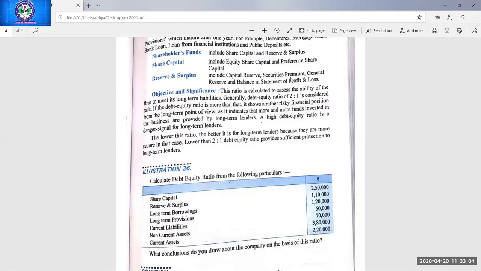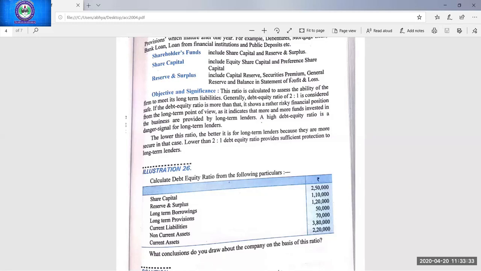So for the debt equity ratio, first of all write down the formula which is D upon E, D for debt, E for equity. Debt means only the non-current liabilities. Now find out debt. For debt you have to add 2 things, long-term borrowings and long-term provisions. Here both are already given. I told you earlier also, if the whole concept is already given, then no need to consider the parts.